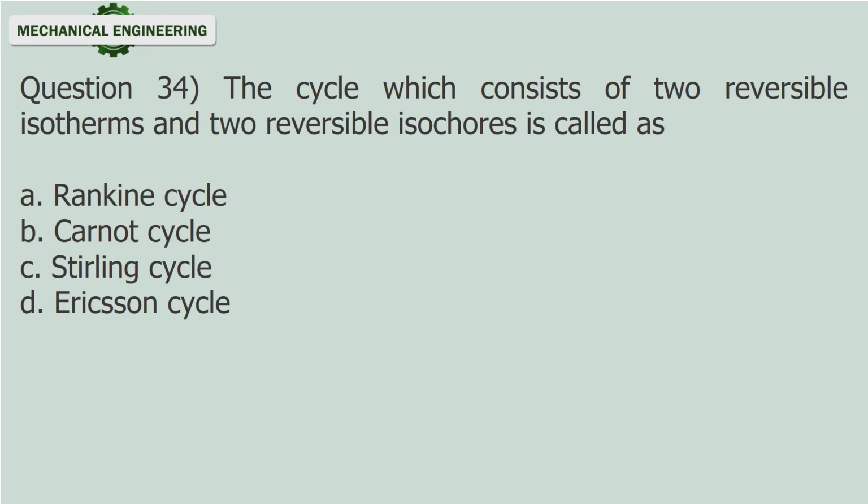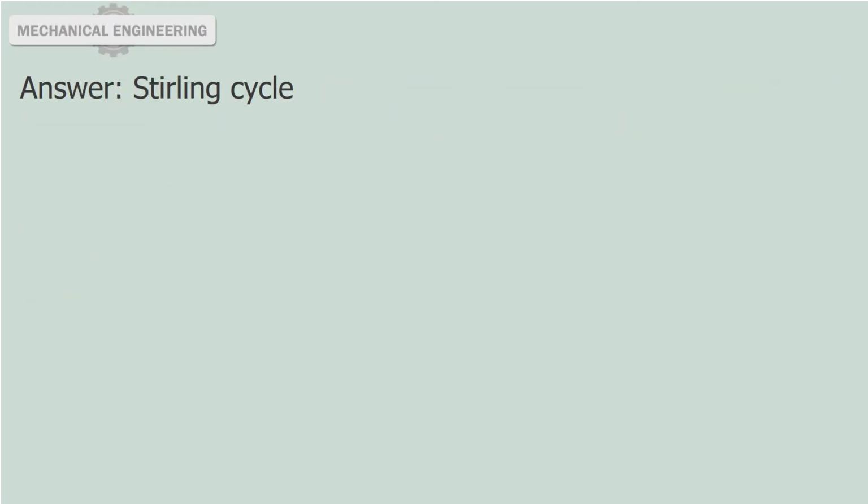Question 34. The cycle, which consists of two reversible isotherms and two reversible isochors, is called as A. Rankine cycle. B. Carnot cycle. C. Stirling cycle. D. Ericsson cycle. Answer: Stirling cycle.